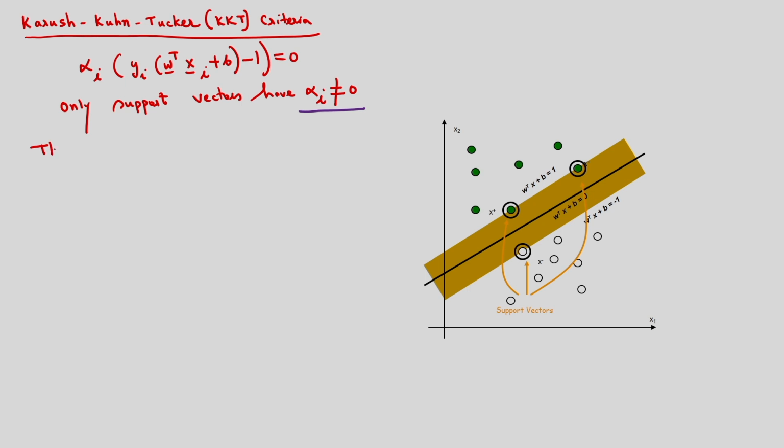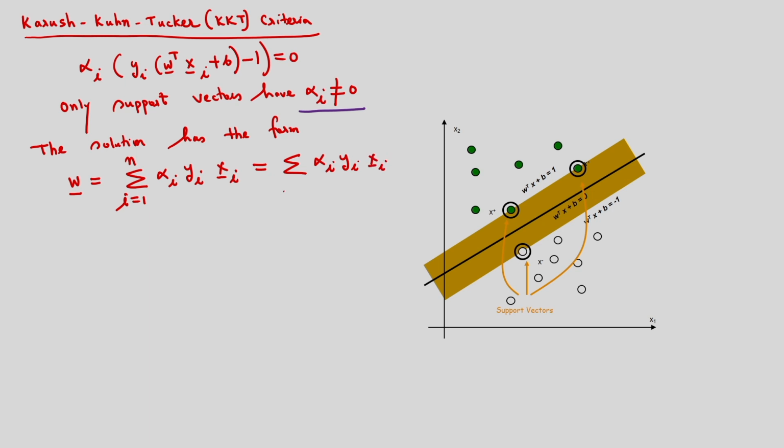So the solution has the form, because earlier we obtained the solution for W. W is nothing but summation from i is equal to 1 to n alpha i y i x i. That is the solution for the weight vector, and in this case we are considering only the support vectors.